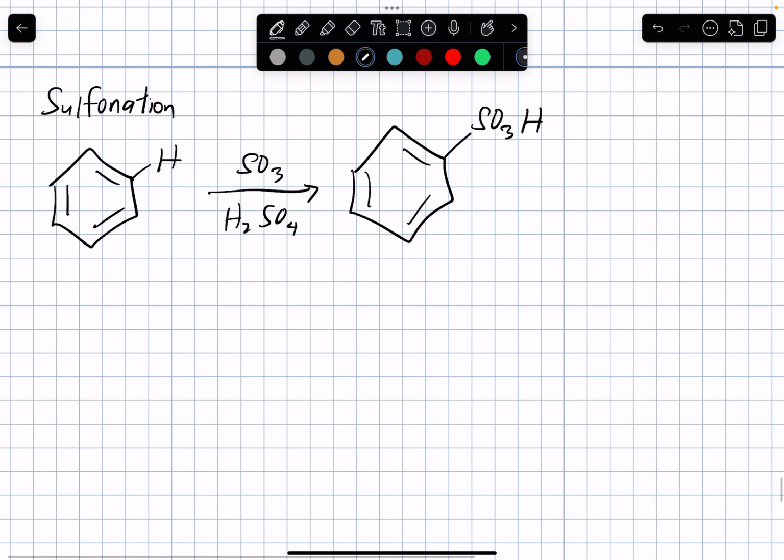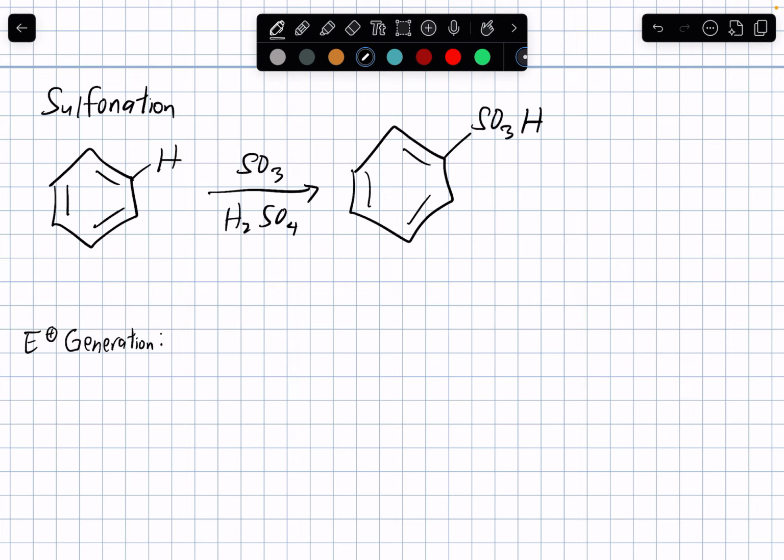Basically, H2SO4 protonates SO3 and a powerful electrophile is generated. Okay.